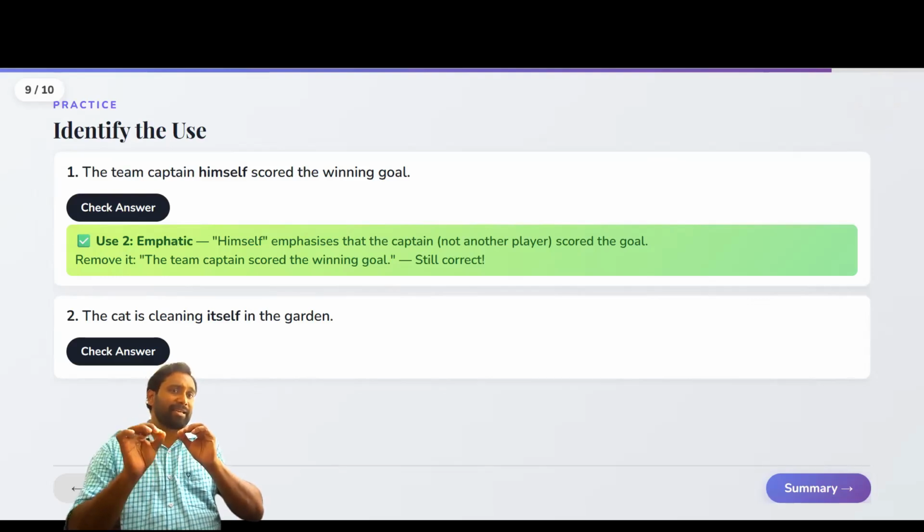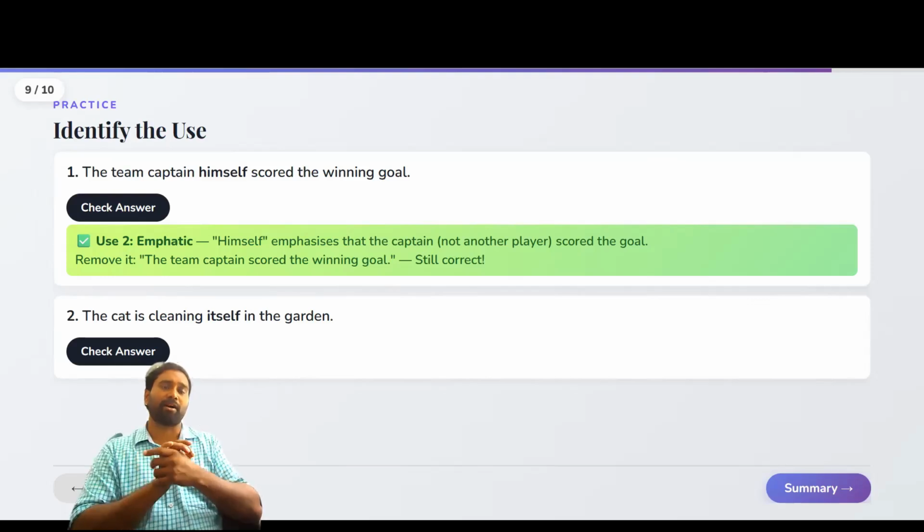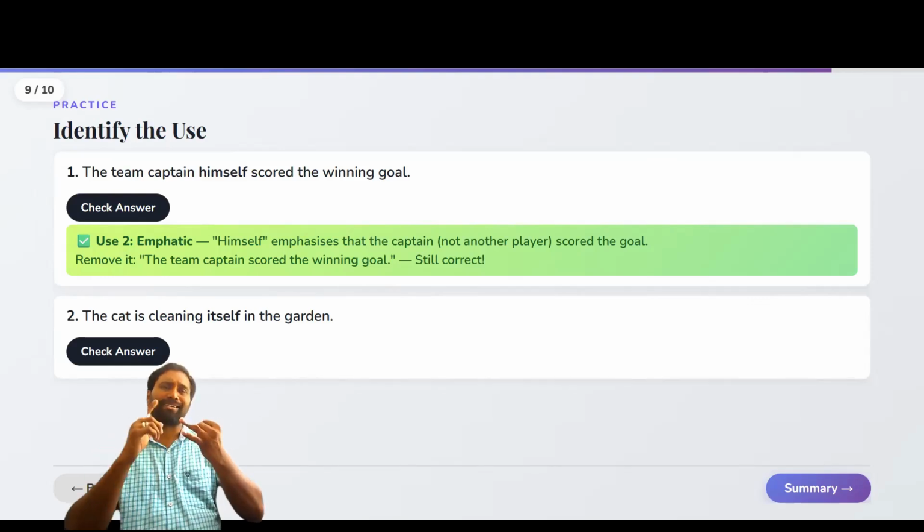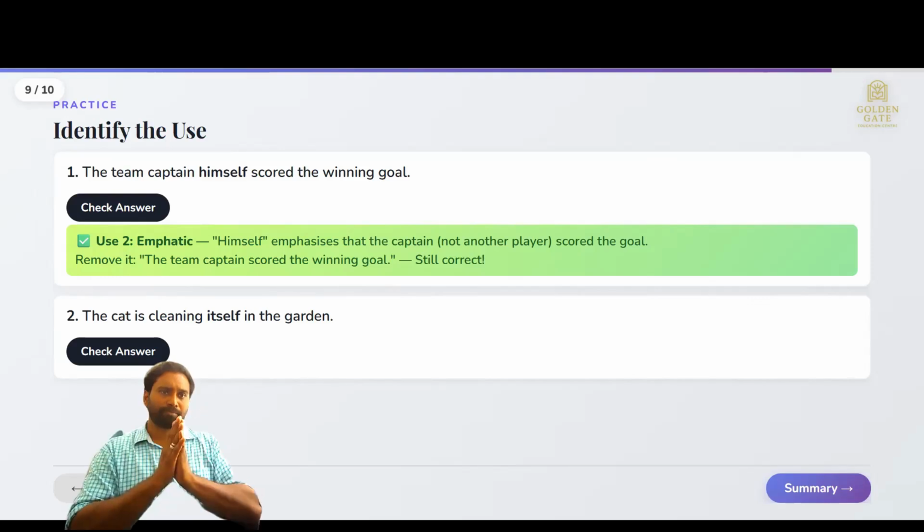Now let's try the second one. The cat is cleaning itself in the garden. Do the same thing. Think about it, apply the test, remove the reflexive pronoun and see what you get. Ready? Let's do it.